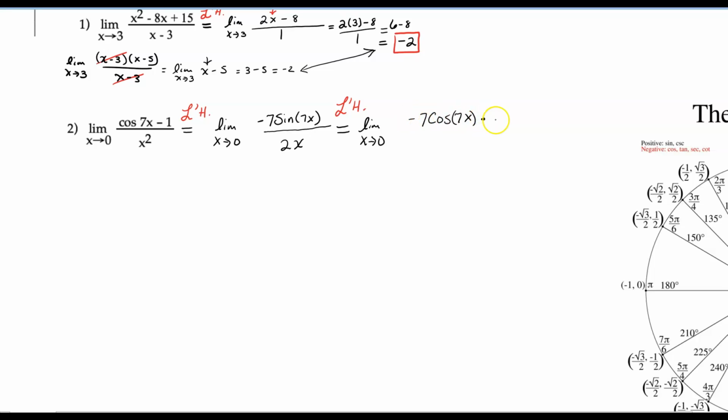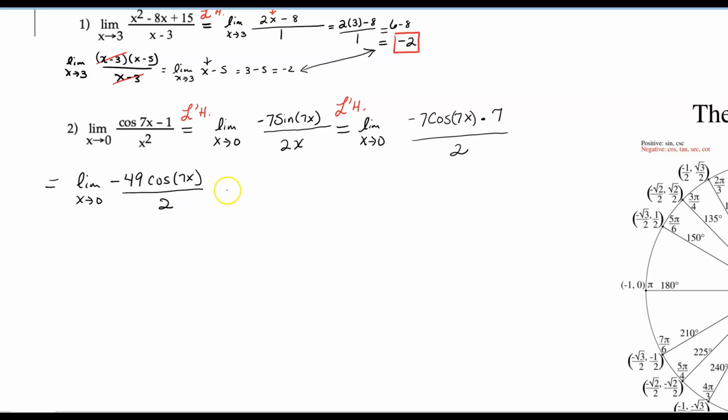I'm going to multiply that by the derivative of the inside, which is 7, and then divide that by the derivative of 2x, which is 2. So this ends up being -49. The limit as x approaches 0 of -49 cosine of 7x, all divided by 2.